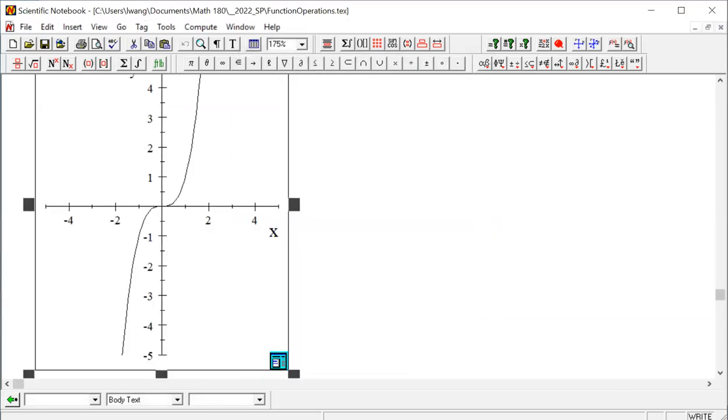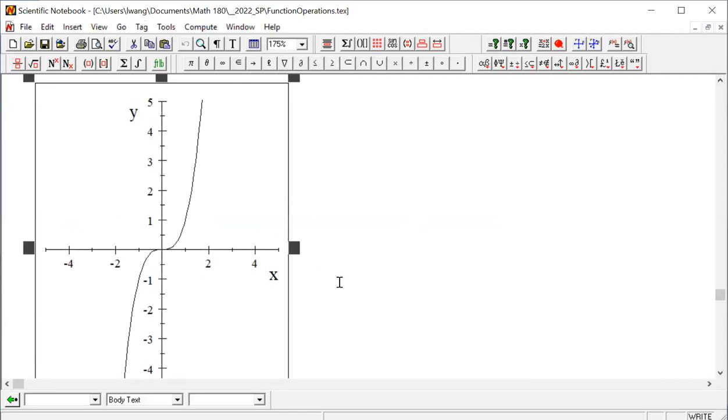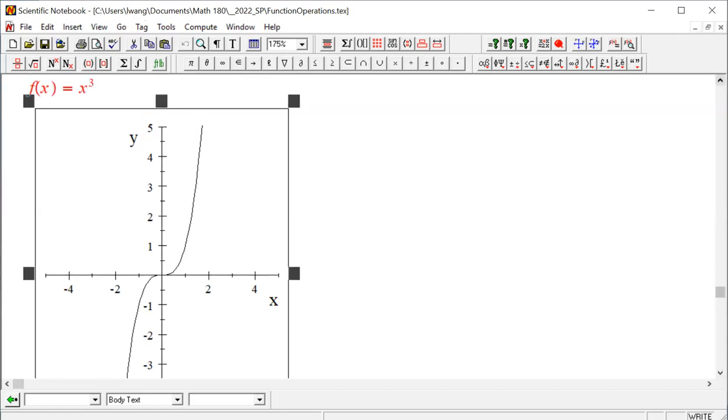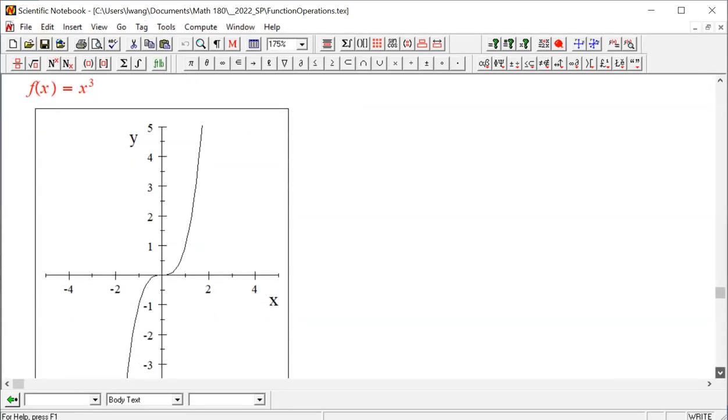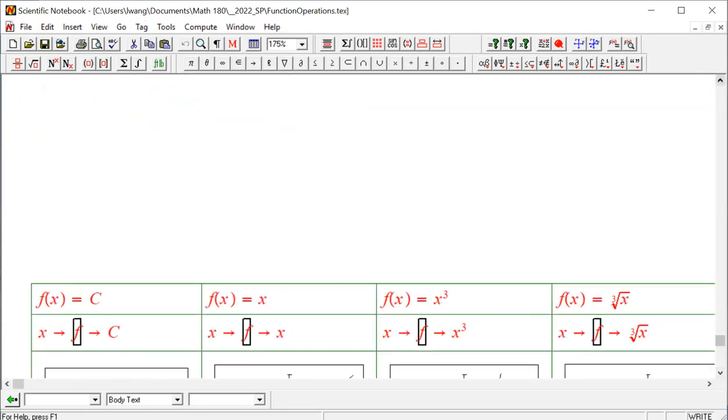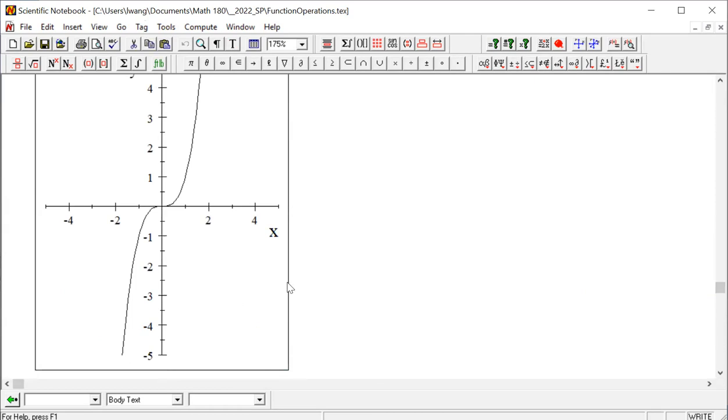So this is a cubic function, x raised to the power 3. And then we're going to put in x raised to the power of the root of 3. We did these two functions in the previous lessons.